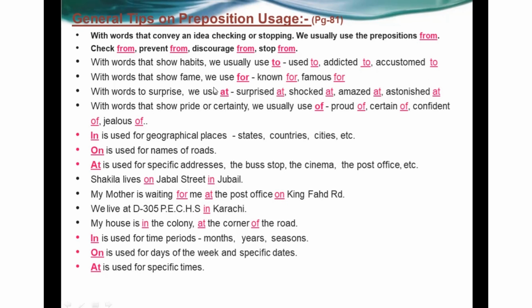So where do we use "at"? Here for now we're talking about feelings. After that we'll come to places, positions, conditions, like that. Now let's come to the next. With words that show pride or certainty we usually use "of". Now let's see what other kinds of feelings there are further.